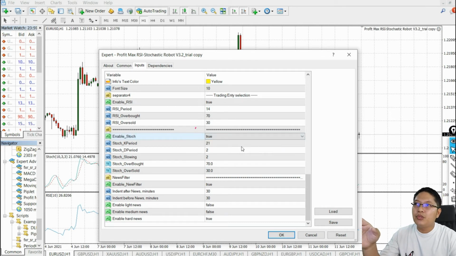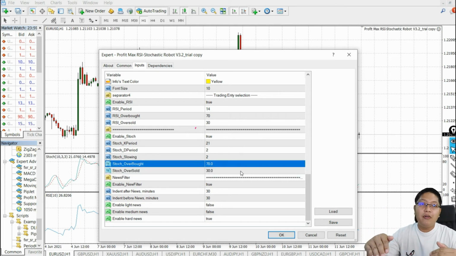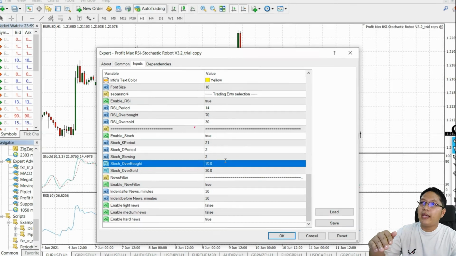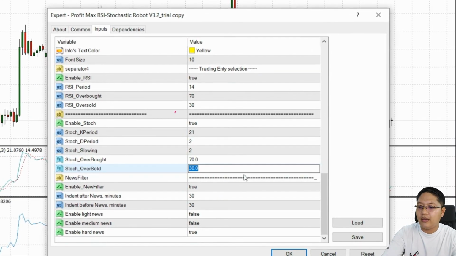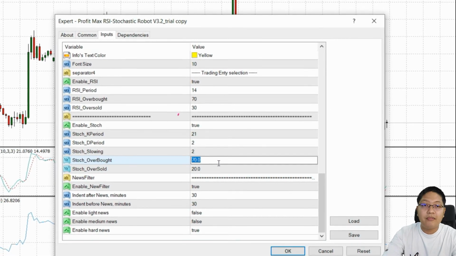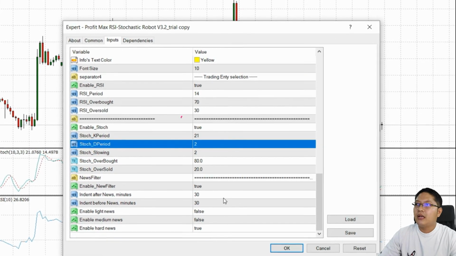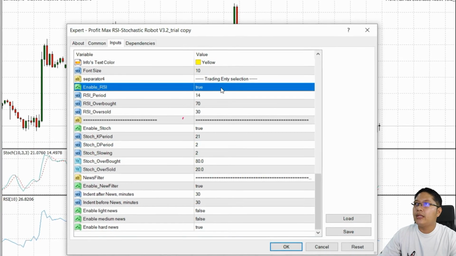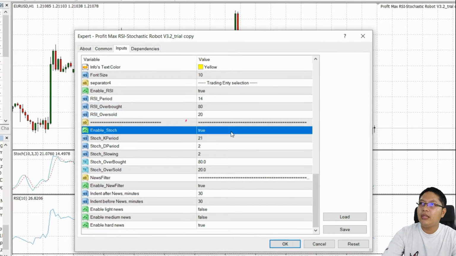You can use this entry to have a better entry when it's oversold or overbought and crossing 70-30, based on your settings. You can change this as well. You can have 20 for tighter levels. And with RSI, you can have 80 and you can have 20.